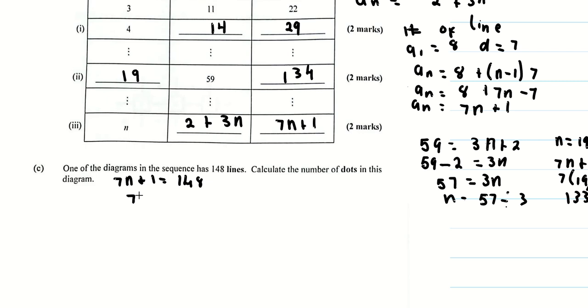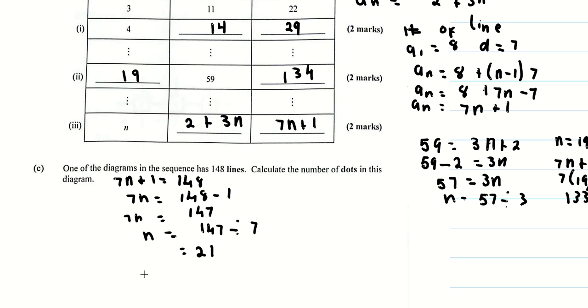So 7n is equal to 148 minus 1. So 7n is equal to 147. So 147 divided by 7 is 21. So that is for number of lines.